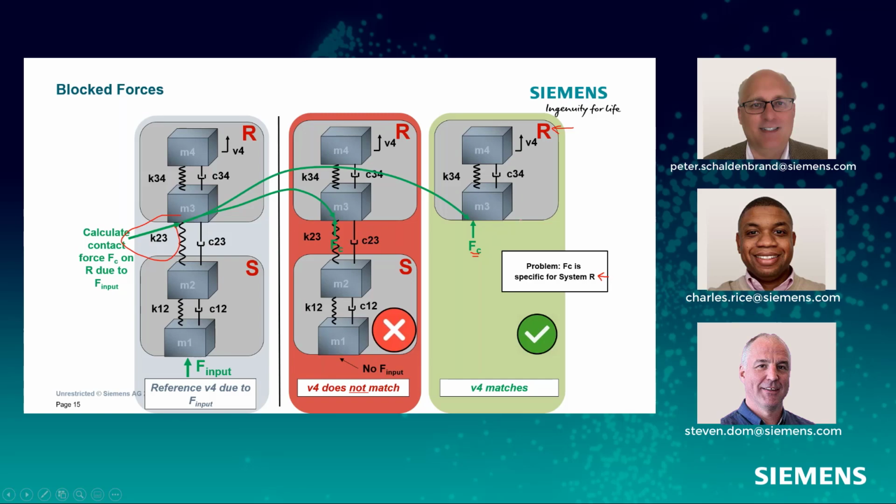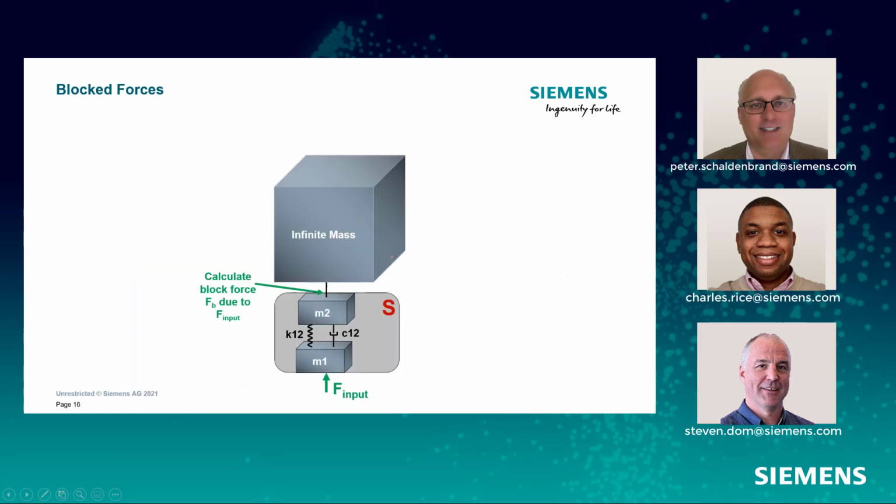Instead, we need this thing called a blocked force or an invariant force. In theory, this is how we would calculate that. We would connect that source system up to an infinitely rigid, infinitely massive, never vibrate chunk of unobtainium, that is, and calculate the force coming out here. That is a blocked force, and that is not a contact force.